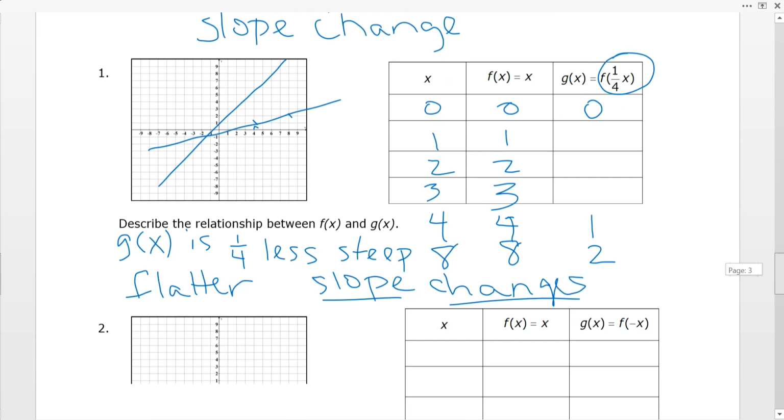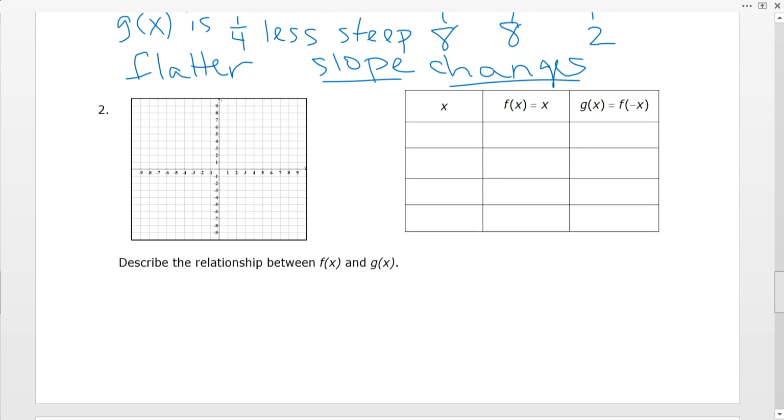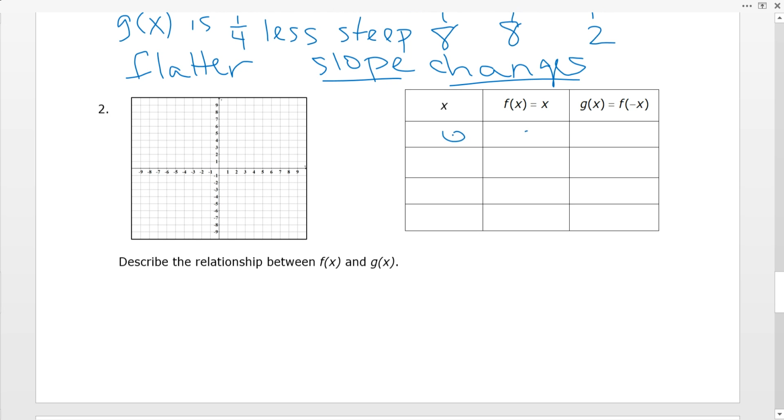Okay, what do you think is going to happen if I have a negative x? Parent function. Okay, I'm going to change my x values. Instead of 1, I'm going to have -1, -2, -3. So my line's going to go 1, -1, 2, -2, 3, -3.